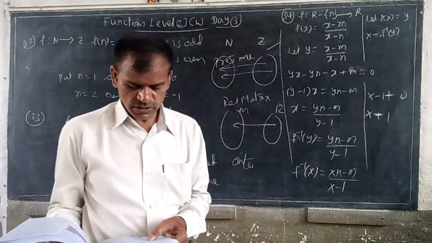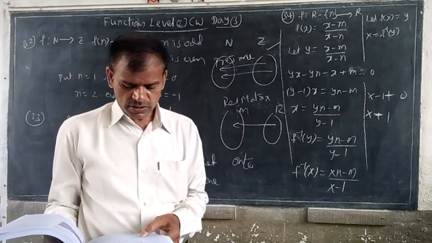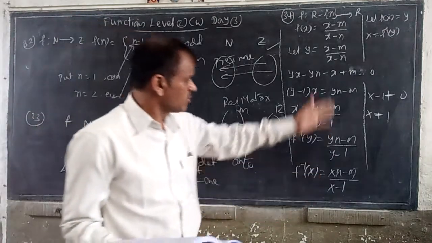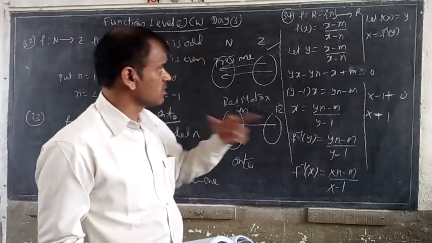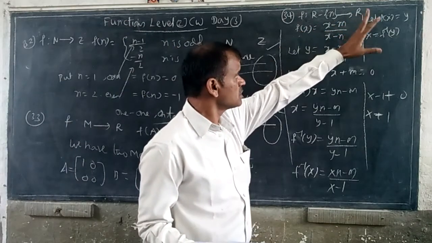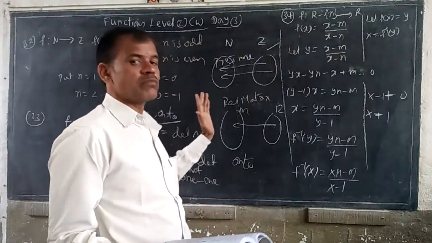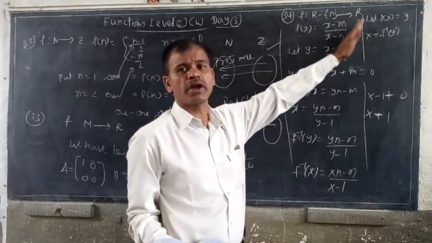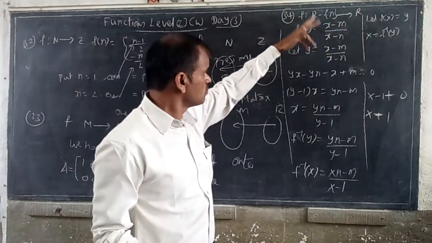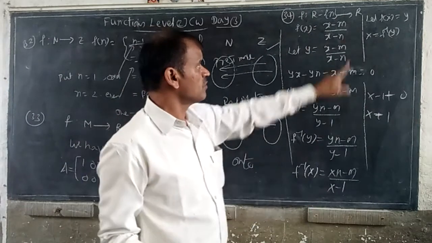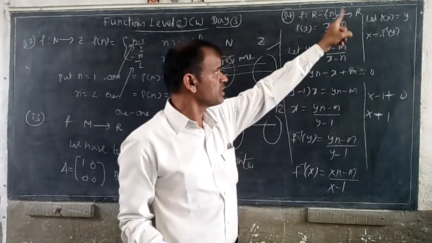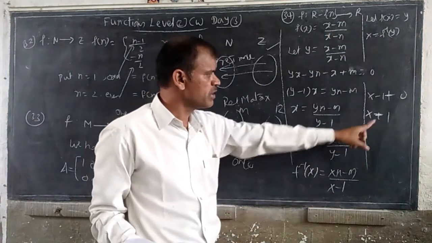X not equal to 1, he did not mention. If he had mentioned x is equal to 1 or anything, he gave real numbers. It's okay, from real numbers to real minus fractional part. But for the codomain to domain direction, you should not consider 1. Here you should write r minus 1. Whenever you do not write it, there is no pre-image for 1.